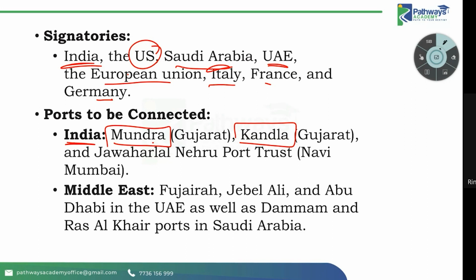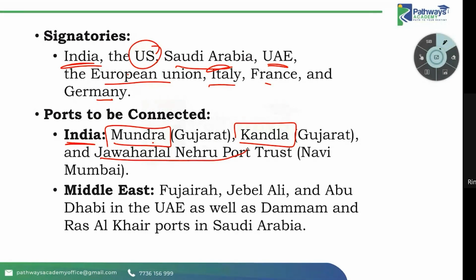A third important thing about Kandla port is that it is the first special economic zone in India. These are the three major significances of Kandla port.